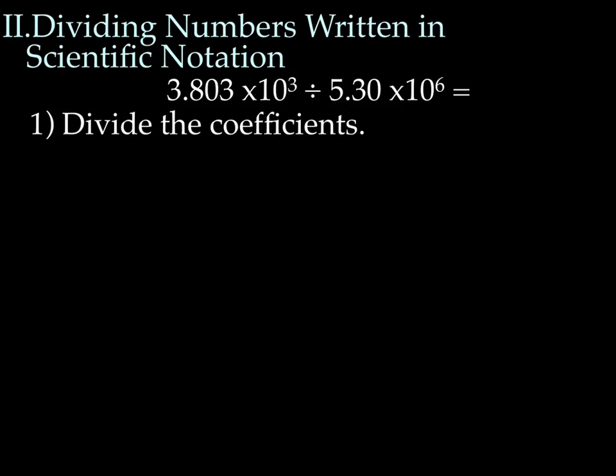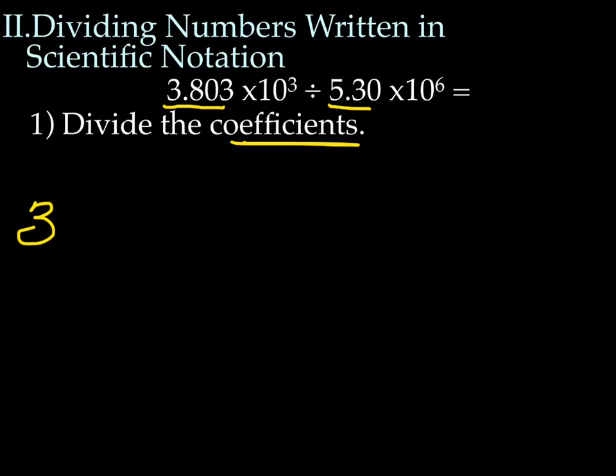Okay, let's now divide numbers written in scientific notation. The good news is this is not a whole lot different than multiplying. Step one is, instead of multiplying the coefficients, we are going to divide the coefficients. Our coefficients in this problem are the 3.803 and the 5.30.